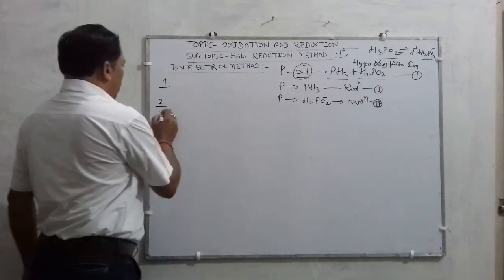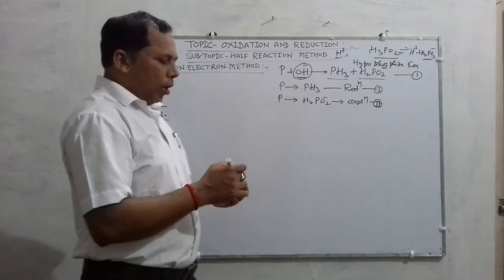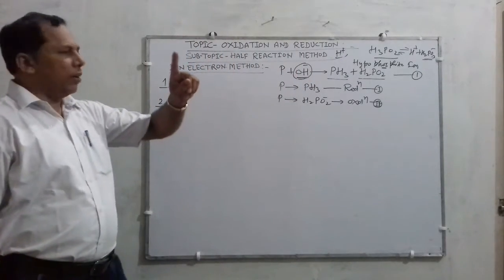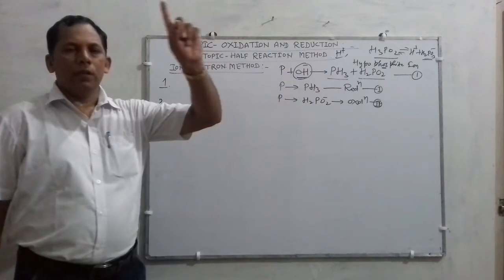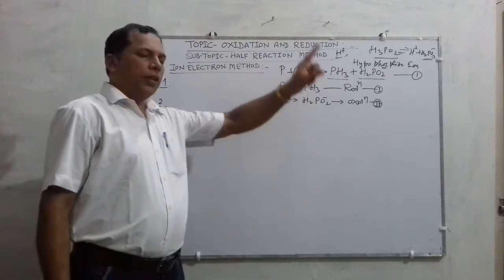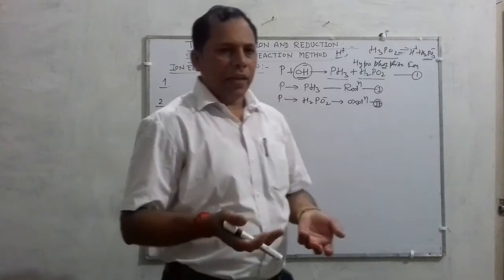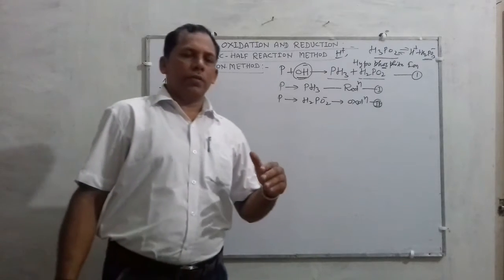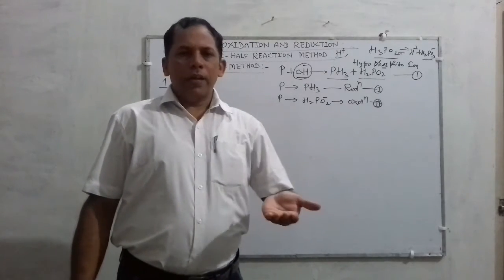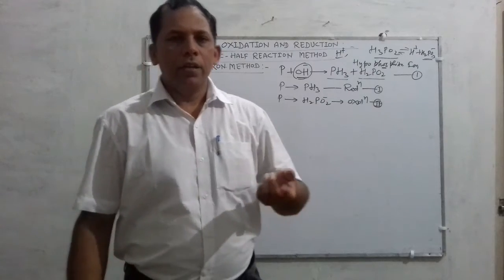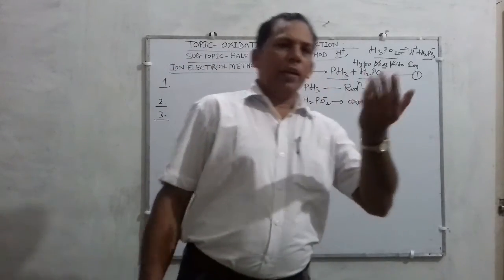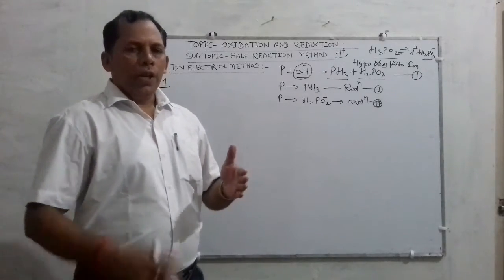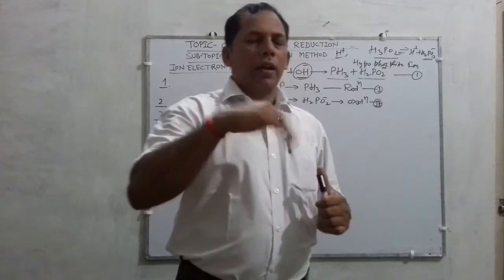Now come to the third rule. The third rule is a very crucial and very important rule. Listen: if the reaction is proceeding in a basic medium, then for the balancing of oxygen atoms, OH minus or hydroxide ion is added, while for the balancing of hydrogen atoms, an equal number of water molecules are added.